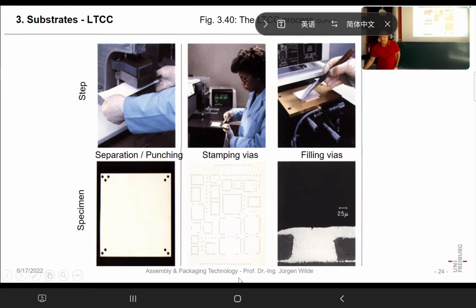Then the vias are filled, and that can be done by a screen printing process. On the screen, we have openings only where the vias will be, and we put the complete sheet of green tape on a table which has vacuum suction, and so the paste is sucked through and fills the vias.